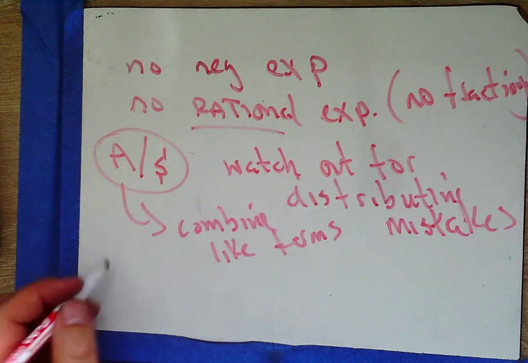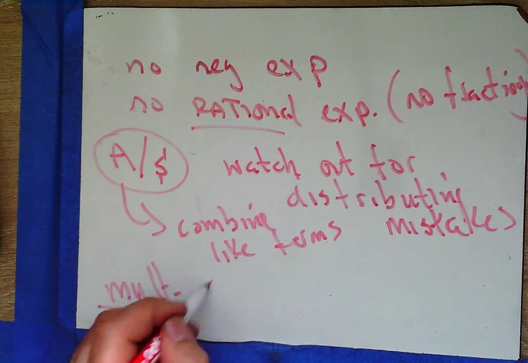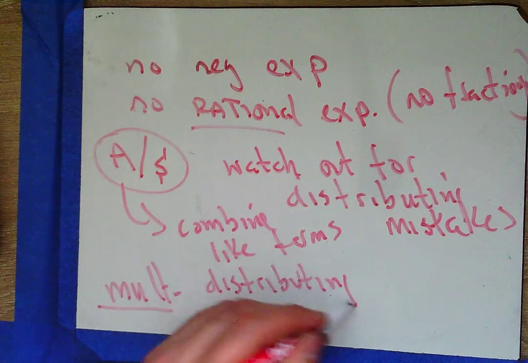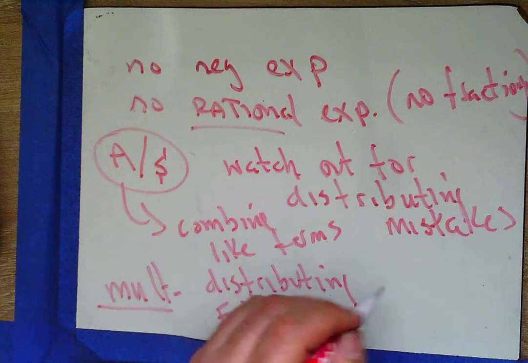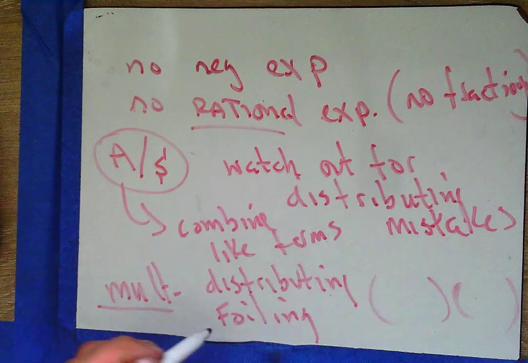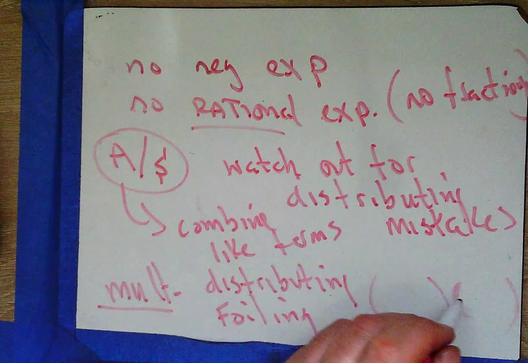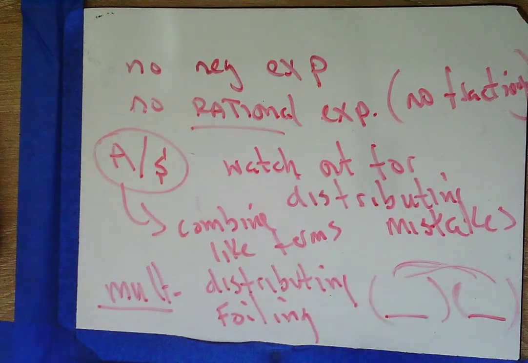So then we talked about multiplying. And multiplying polynomials is distributing, is FOILing, and if I have a trinomial times a binomial or a trinomial times a trinomial, then it's a kind of process like FOILing or like distributing, where I have to multiply each term here with each term here.